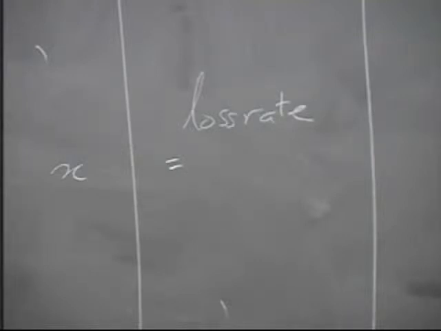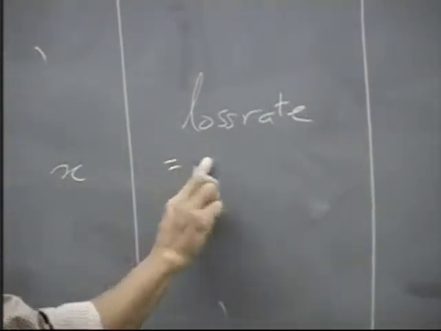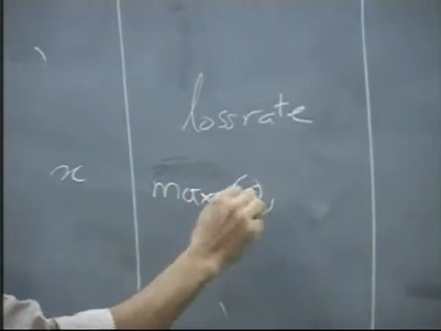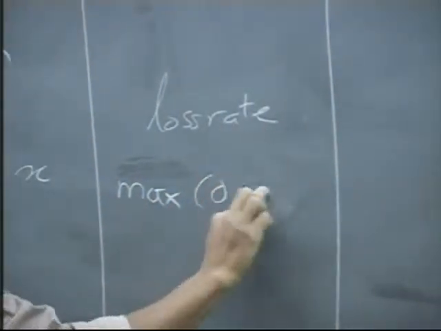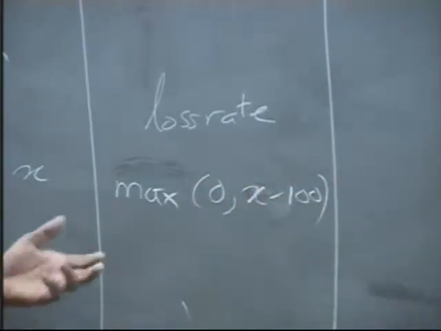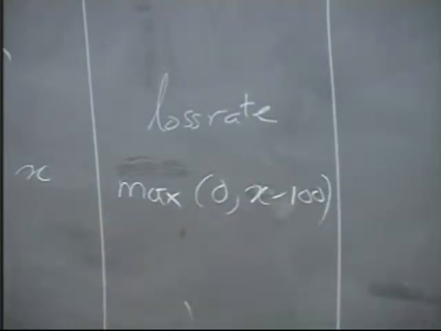Aniket? Yes, 0 or max of 0 and x minus 100. Yeah. So the loss rate is the larger of 0 and x minus 100. So if you send less than 100, you get 0. If you send more than 100, it's this, right?